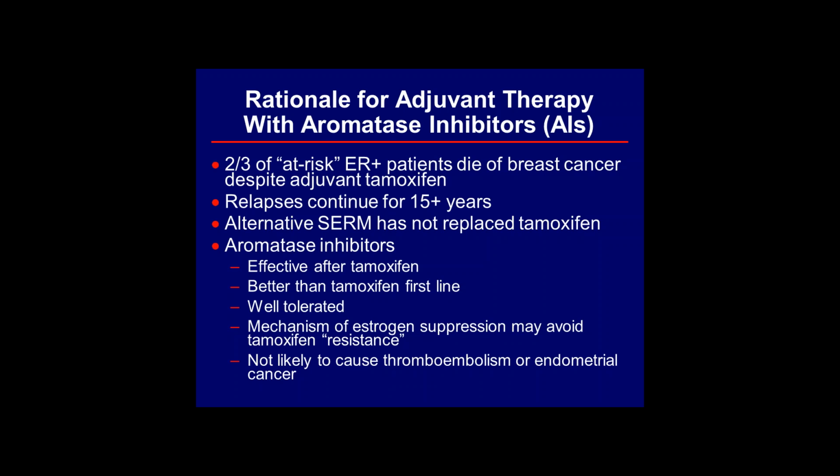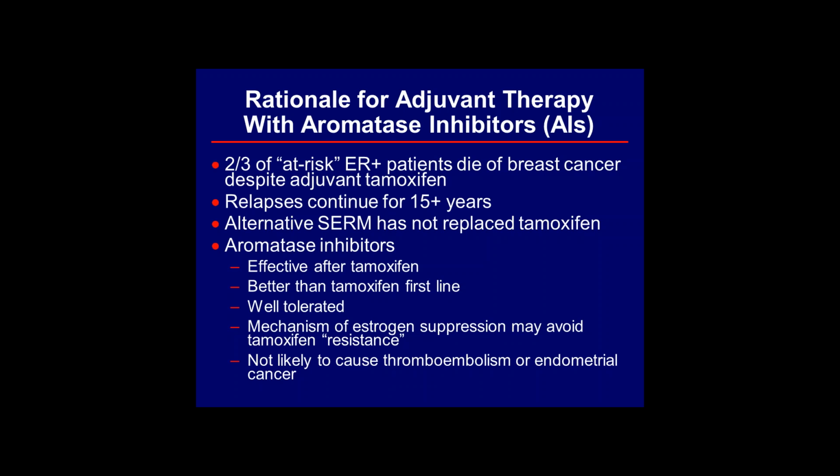It's the only way you can make estrogen outside of the ovary, and it happens in multiple tissues like fatty tissue and breast tissue and others. If you block aromatase, then you cannot make estrogen.